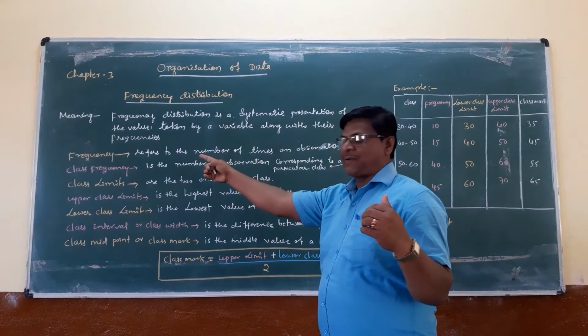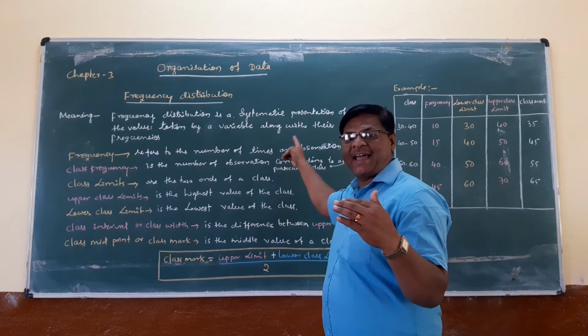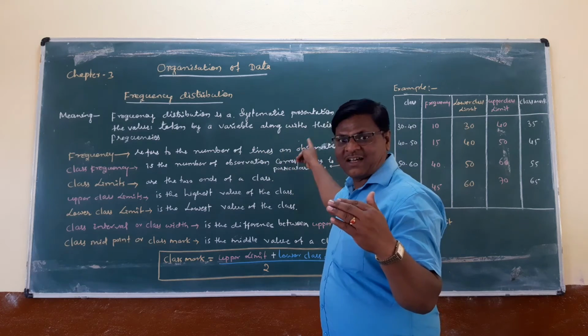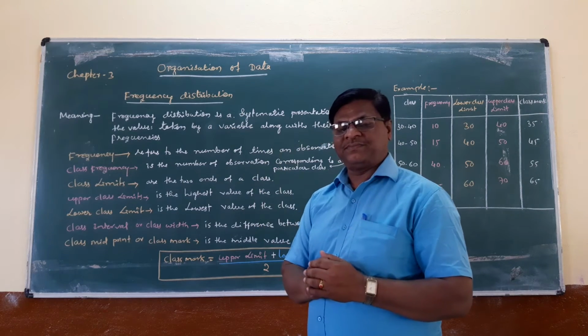Once again, the frequency refers to the number of times an observation is repeated. It is called the frequency.